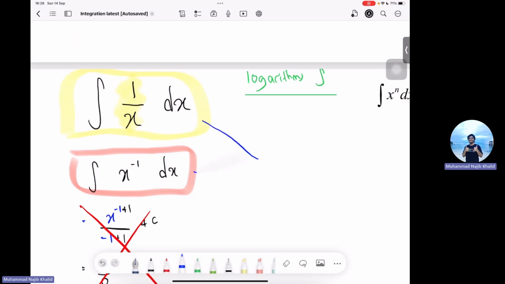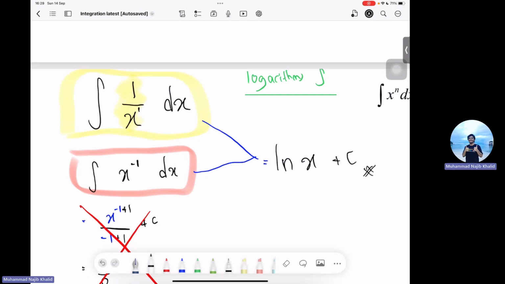You can straight away write the answer equal to ln x plus c. So ln x, or log, can only be obtained from the integral of 1 over x or x^(-1), which means the power of x should be 1 or minus 1, not minus 2, not minus 3, not minus 4, but minus 1 or 1 over 1.